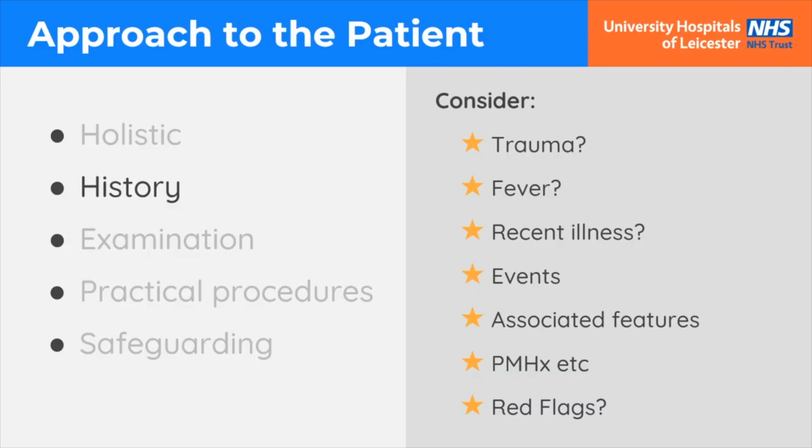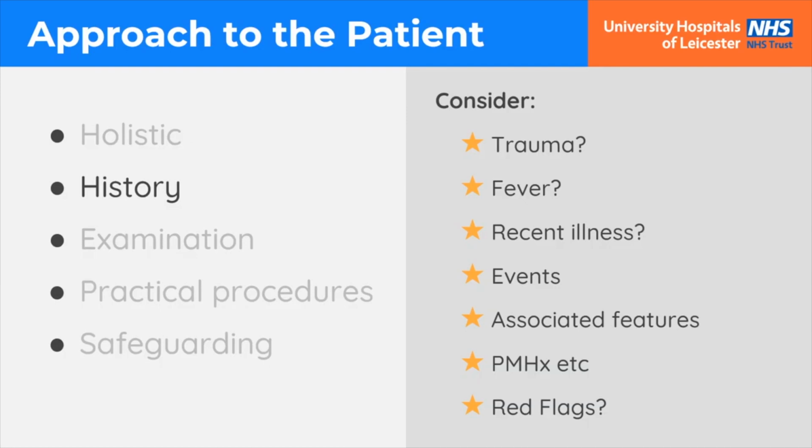Both of which feature heavily in children who can present with limp in the absence of trauma, due to things like transient synovitis. Have there been any other events that may account for limb pain? And these can be relatively simple or not memorable, such as sporting activities, increased activity, trampolining.